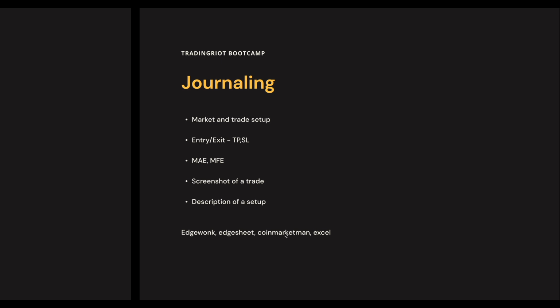The advantage of them is that they allow you to import all the trades automatically via the API. This can also lead to being lazy with putting additional information for a trade. So that's a bit of a double-edged sword, because it will automatically import your trades, and you will be like, yeah, I will just journal everything later, and you will never do it. So you need to be mindful of that.